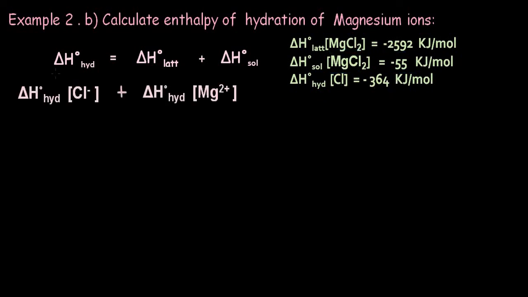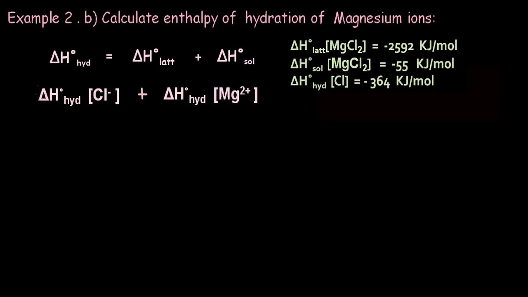Now, as we know, the enthalpy of hydration is the total of the enthalpy of hydration of the chloride ion and the enthalpy of hydration of the magnesium ion. But as we have 2 chloride ions, we need to multiply the value of hydration of the chloride ion by 2.